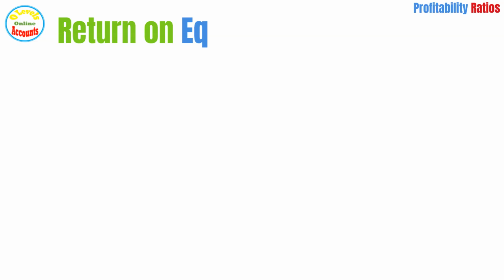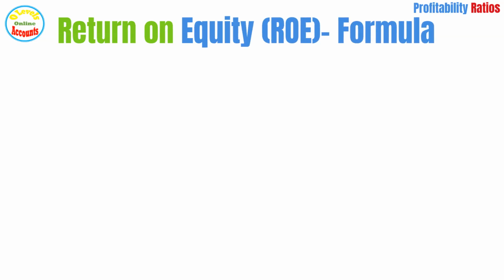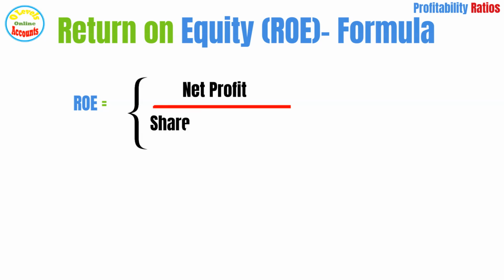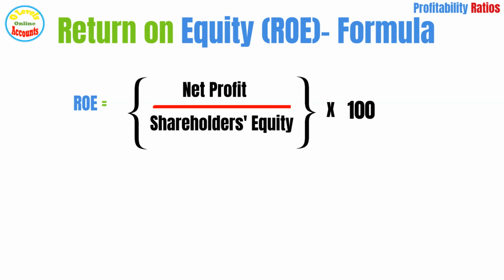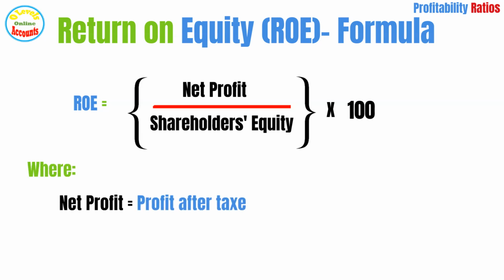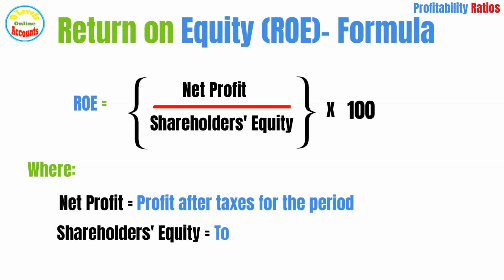The formula for return on equity is as under. ROE is equal to net profit divided by shareholders' equity and multiplied by 100, where net profit is equal to profit after taxes for the period from the income statement. Shareholders' equity is equal to total equity from the balance sheet.